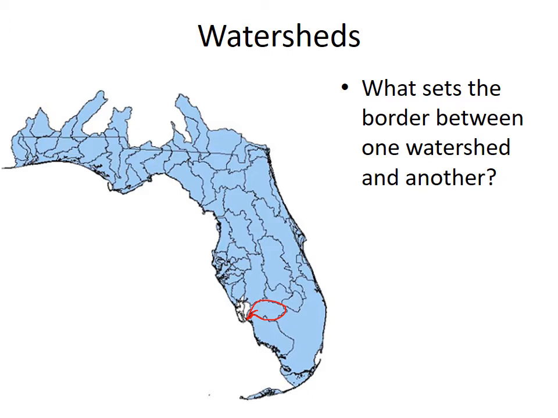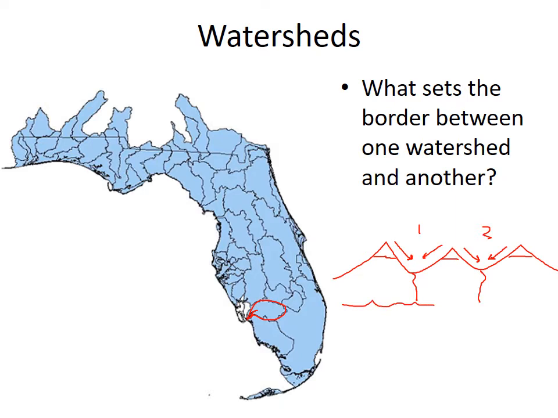But yeah, so the border between one watershed and another would be a high point of land. So if you imagine, like, there's 3 mountains, let's make them snow-capped so you know that they're mountains. And let's say there's a river that flows through the valleys between them. So this would be a watershed, one watershed, and then this would be another watershed.